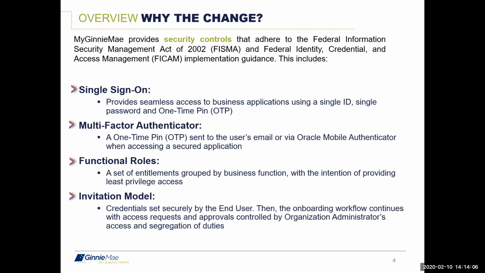That OTP can be sent to your email address or, via Oracle Mobile Authenticator, to your smart device. You get to choose every time you log into the portal where you want that OTP to be sent. But it will generate a code, and you will take that code and plug it into the box when you are prompted for an OTP, and then you will be able to access the applications inside of the portal.